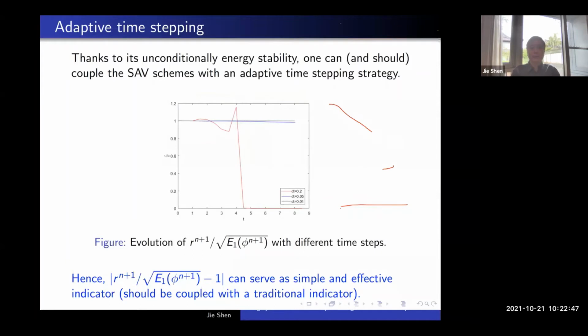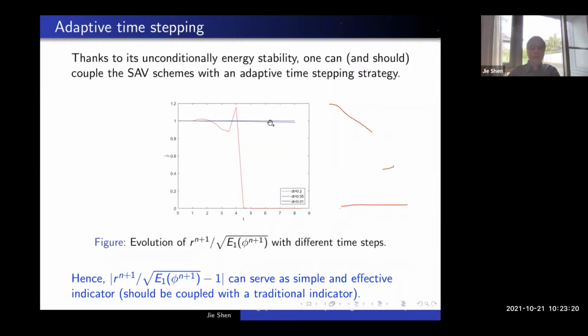The second strategy is to do adaptive time stepping. You see we have this SAV variable R, which is supposed to be the approximation of the square root of E1(phi). But once you start the numerical scheme, this ratio, R^{n+1} divided by this, can change, right?